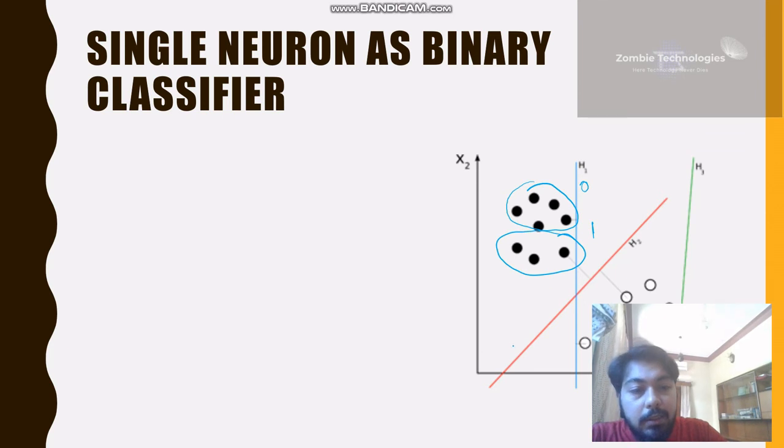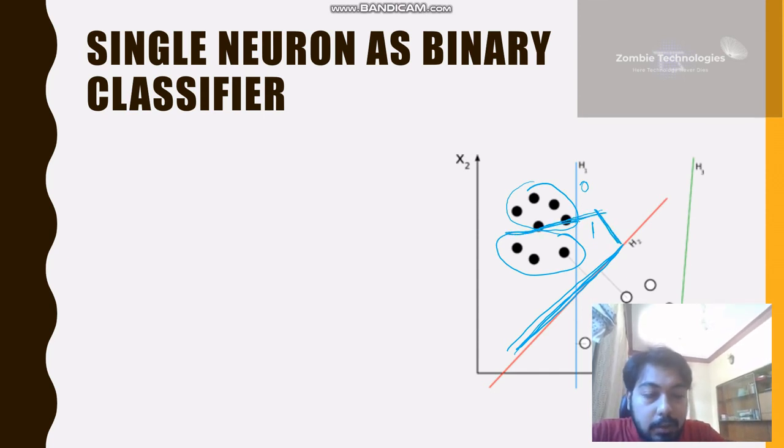So I can use one neuron to create this classifier, other neurons to create this classifier, a third neuron to create this classifier, and a fourth neuron to create this classifier. So I can simply say that anything within this can be group 0, anything outside can be group 1. So I can create a complex classifier.